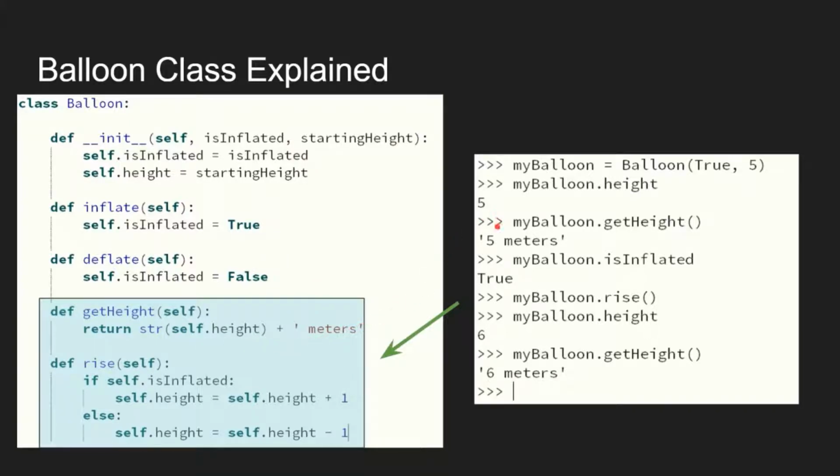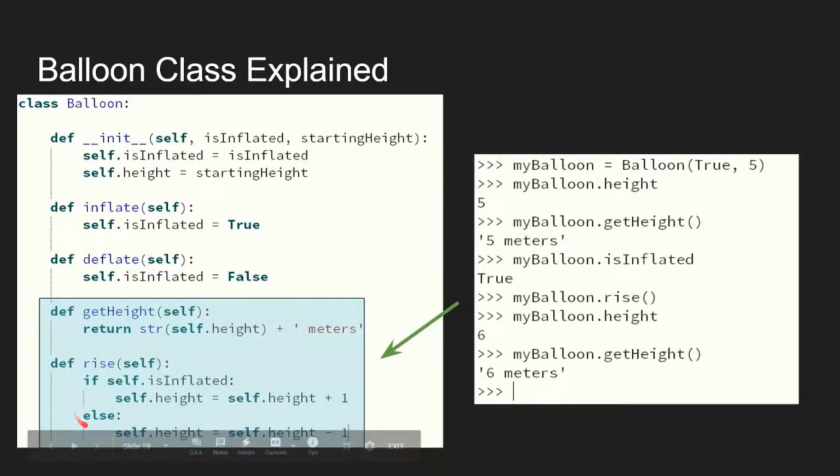If the height variable here starts out at 5 meters, and we call getHeight, it just formats it nicely into 5 meters. That's all we're doing. We're returning the number and concatenating it to meters as a string. Again, our balloon starts out at 5 meters, and if we do myBalloon.getHeight, we get 5 meters.